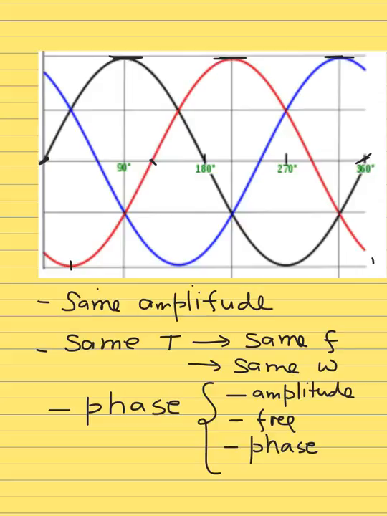So in this case, let's say the black signal in here, what I'm going to do is erase some information so that I can use the same space.